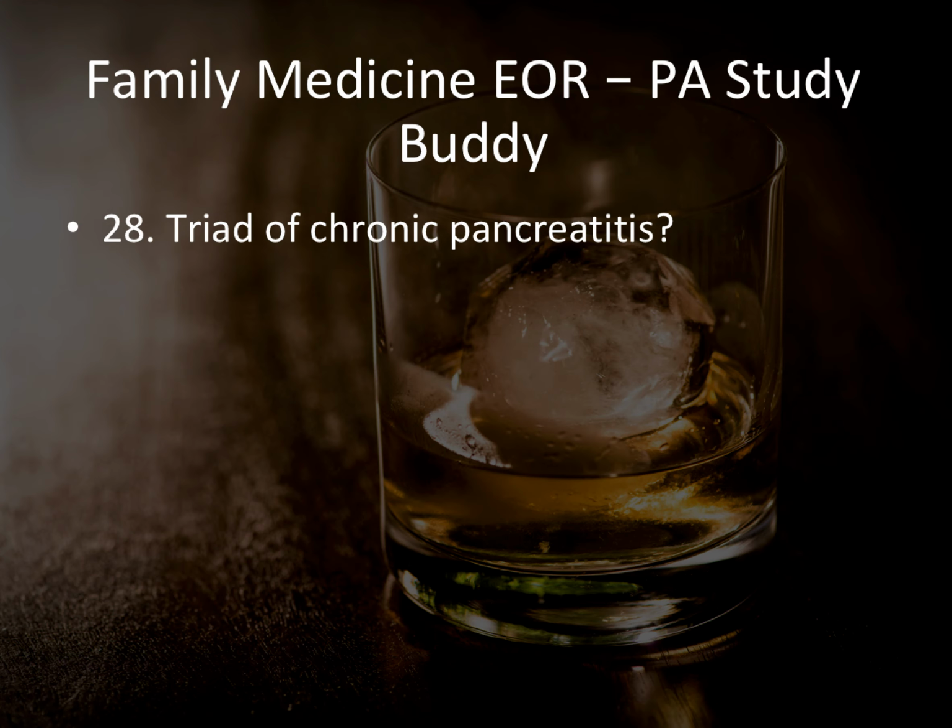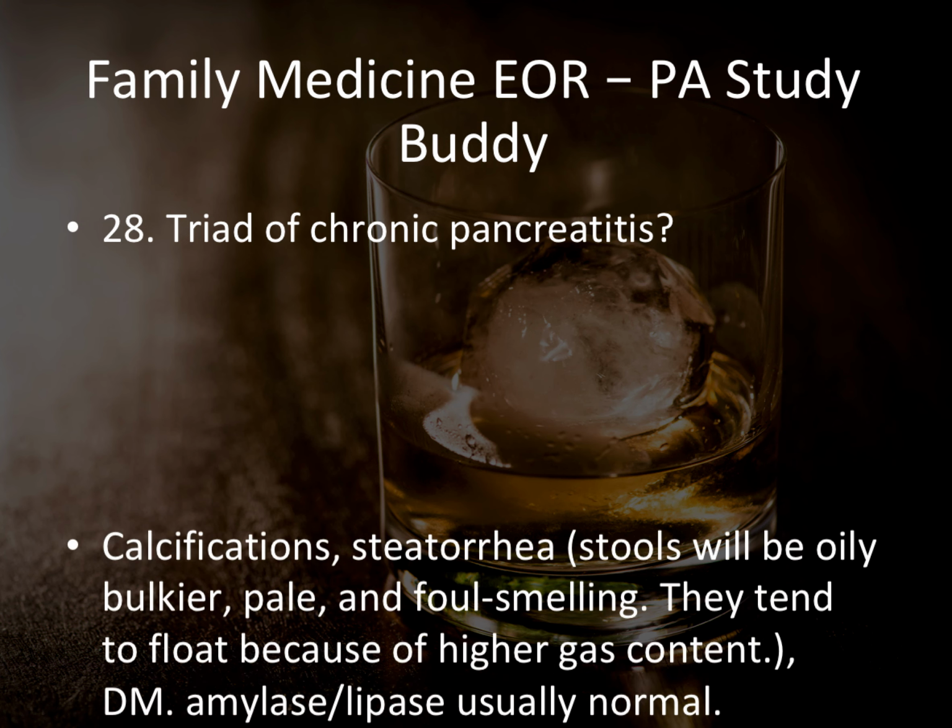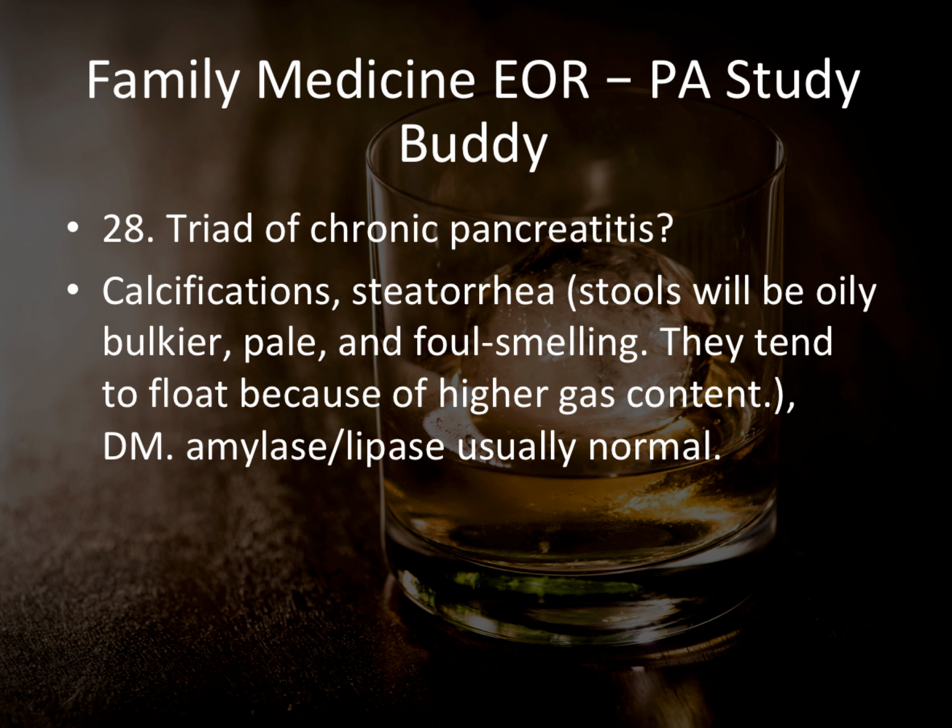What is the triad of chronic pancreatitis? They may ask you to differentiate chronic versus acute pancreatitis. They may list both of them in the answer, and you should know that with chronic pancreatitis there are always calcifications present in the pancreas, which can be seen on a KUB as a bunch of little white dots. They may also report super foul smelling stool, pale stool, bulkier stools.